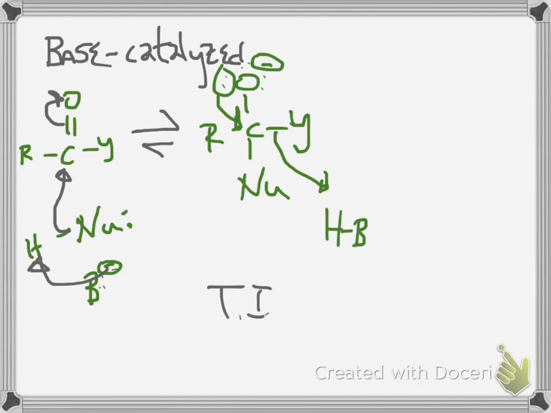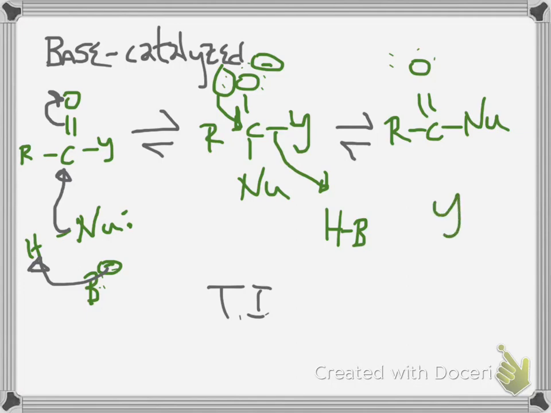But once again, it's going to depend upon really the pKa of the Y group and the reaction conditions on whether or not that will occur. But the important thing with respect to the acyl substitution is that we reformed our acyl group and the nucleophile has substituted for whatever the Y group was.